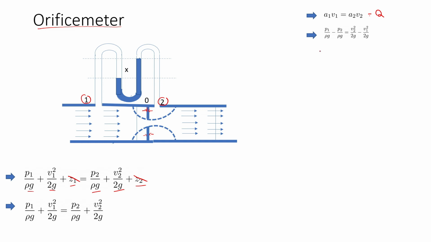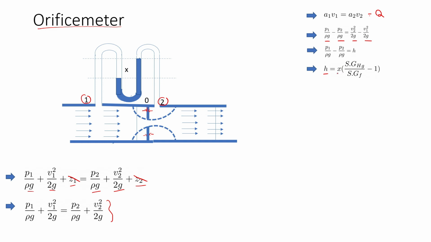Rearranging the above equation, you will get P1 by rho g minus P2 by rho g is equal to V2 square by 2g minus V1 square by 2g. And P1 by rho g minus P2 by rho g is equal to H, the pressure head, which is found using a differential manometer.